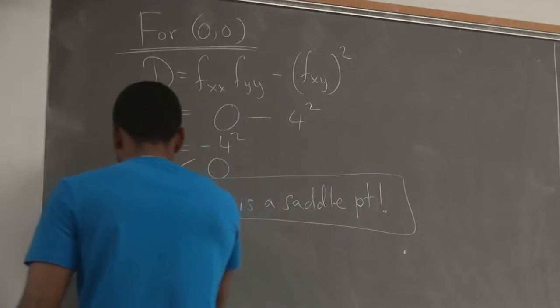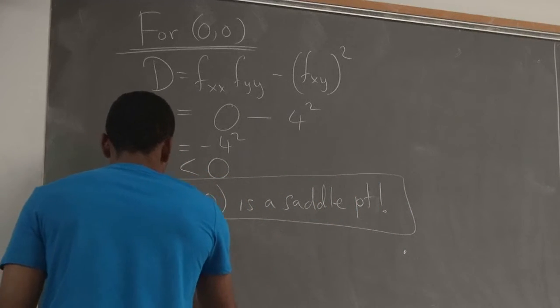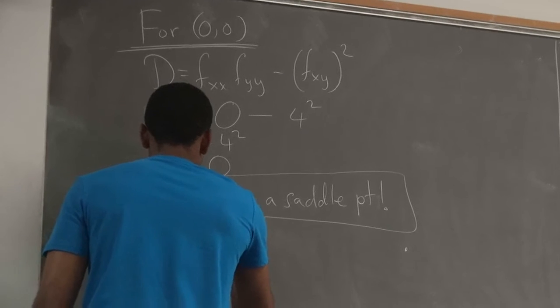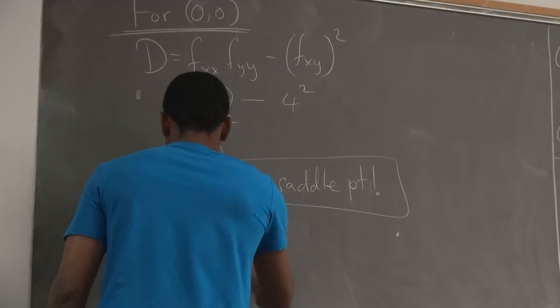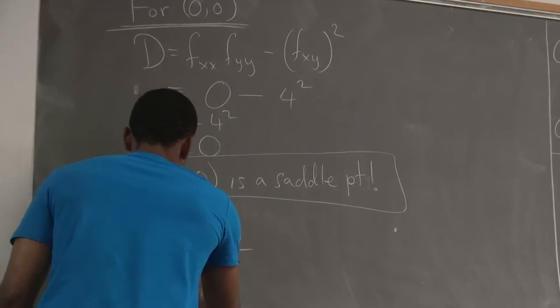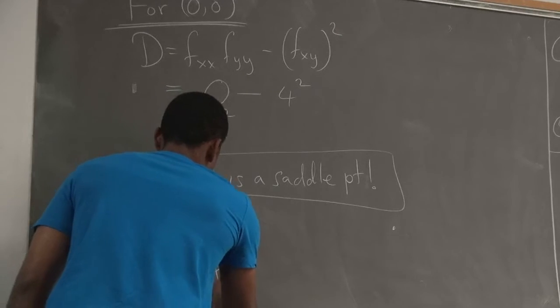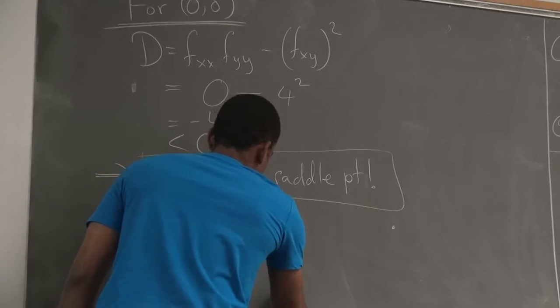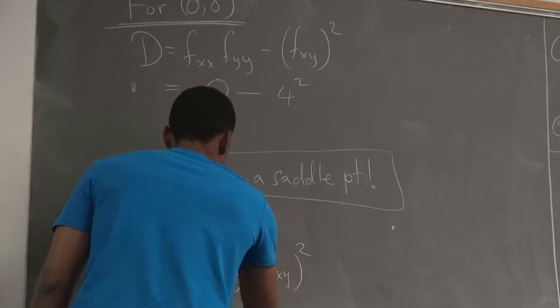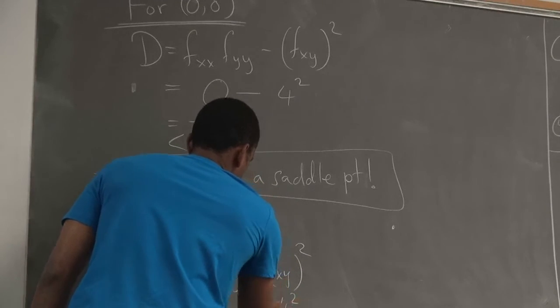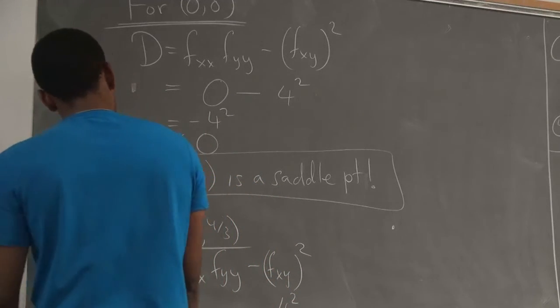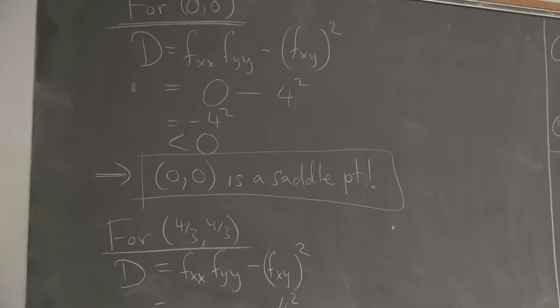You do the same for the other point. So here we have 4 thirds, 4 thirds. In this case, D is equal to fxx times fyy minus fxy squared. This is just a constant 4, so I know that's going to be minus 4 squared.